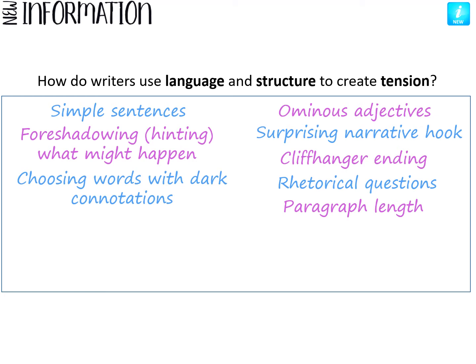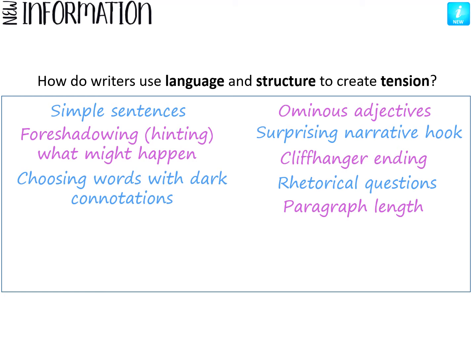Foreshadowing: hinting what might happen to give the reader clues as to what kind of things might be going on. If you've listened to Stone Cold, which is the class reader that we're doing, then you might have noticed there are already a couple of hints about things that might be happening in the story. The writer's already dropped in a bit of foreshadowing.